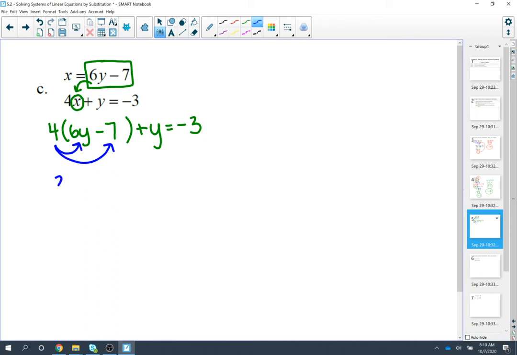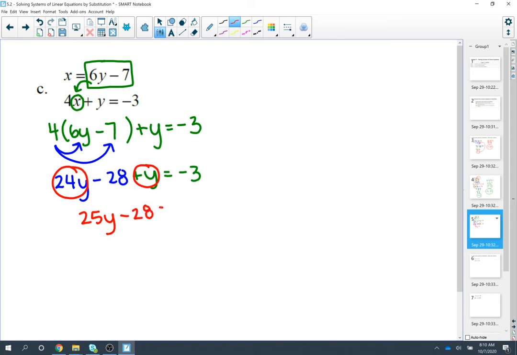Now we have to solve this equation for y, so I'm going to distribute. 4 times 6y is 24y minus 28. Then we have plus y equals -3. Combine like terms, 24y plus y is 25y. Bring down your minus 28 equals -3.